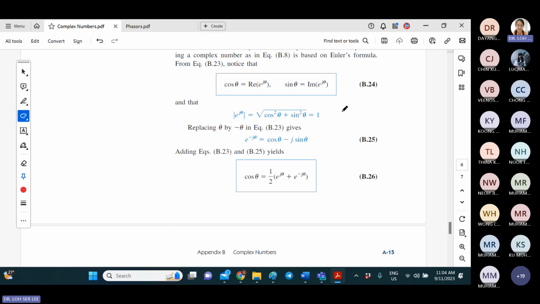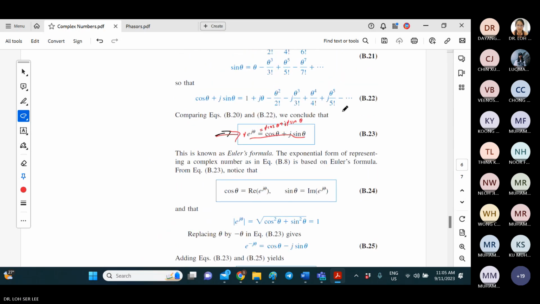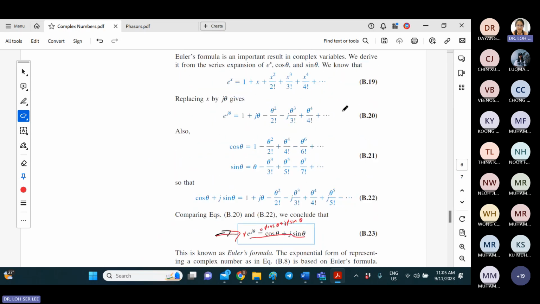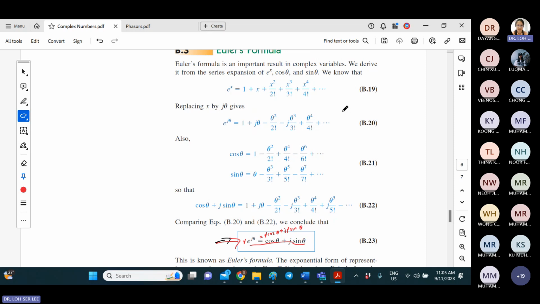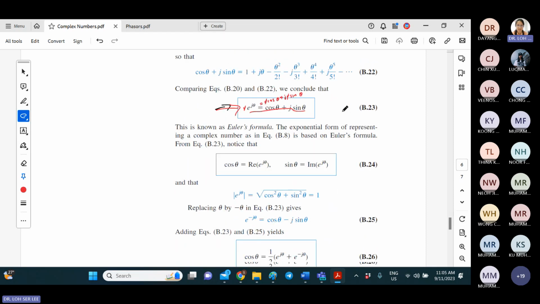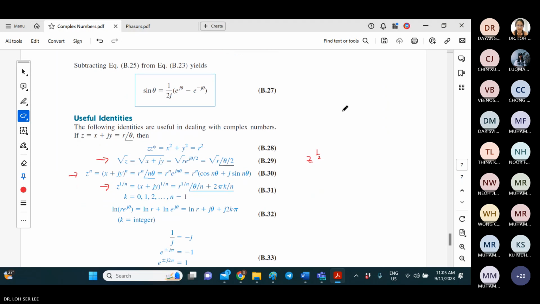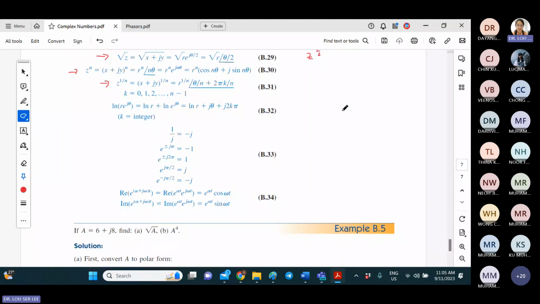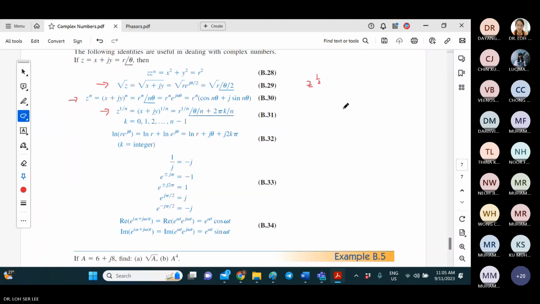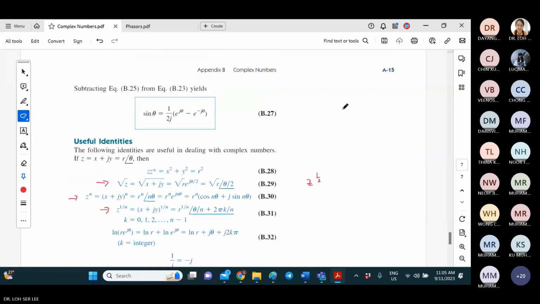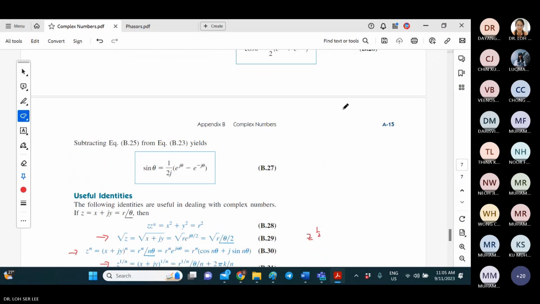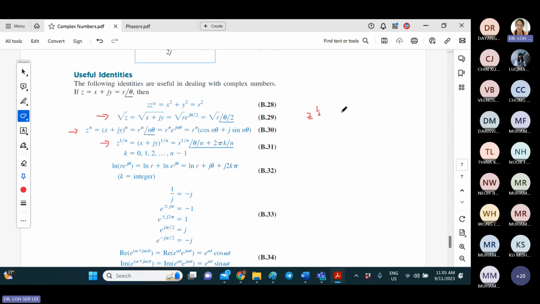Where's the formula? Okay, he didn't state the formula here. Just give this one.